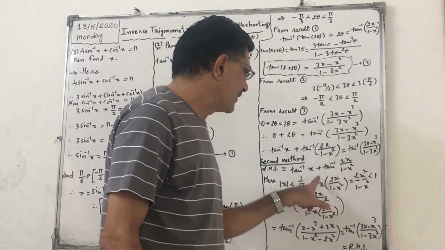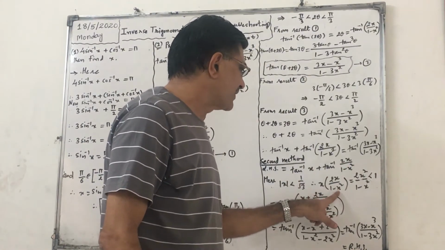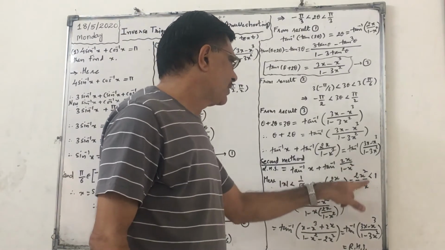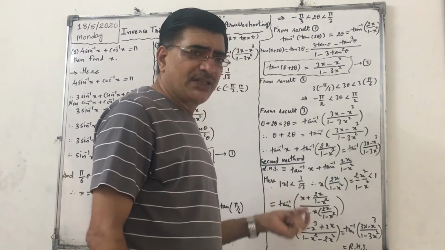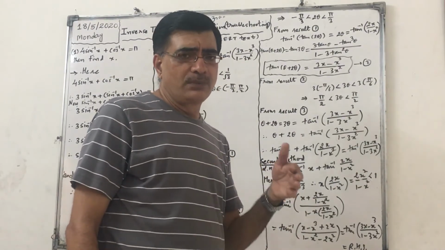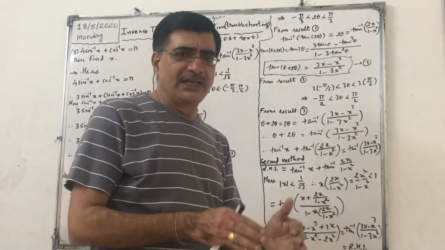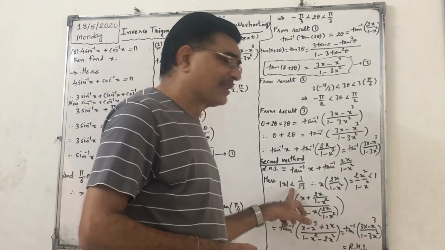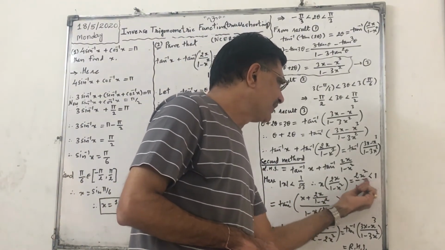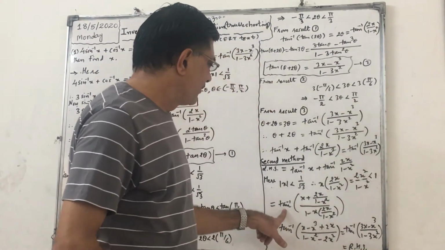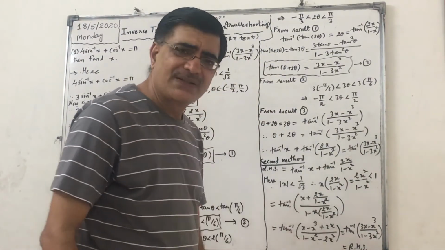So x into y, that is x into 2x upon 1 minus x square, is 2x square upon 1 minus x square. If you put any value in this range, that is minus 1 by root 3 to plus 1 by root 3, between them, because there is no equal sign here, you will get this as less than 1. So we can use tan inverse of x plus y upon 1 minus xy.